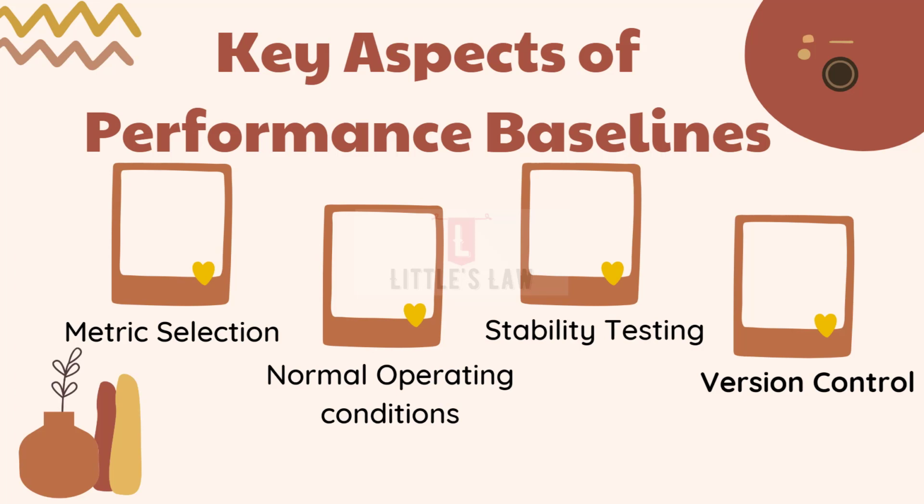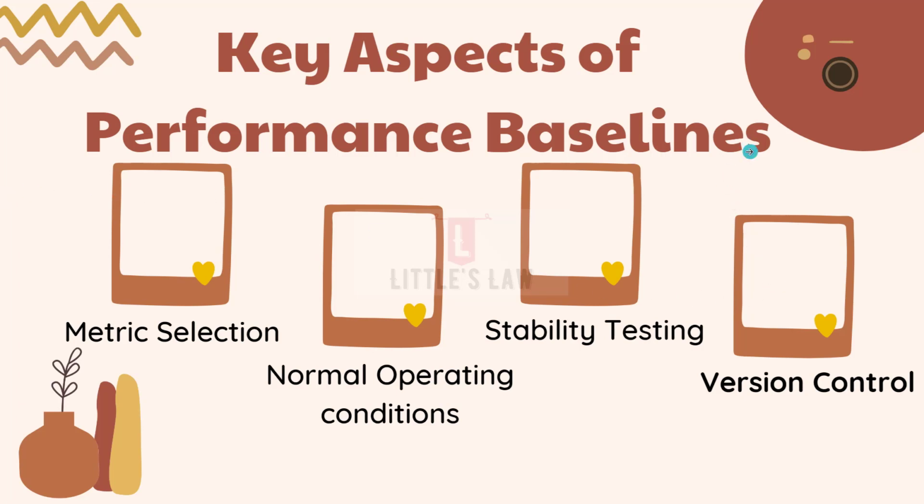And finally the version control, where the baseline should be versioned and documented alongside the specific version of the application or system under test, and any changes in software, hardware, or configurations will definitely impact the performance, and having a baseline for each version helps us in understanding the performance changes over time.